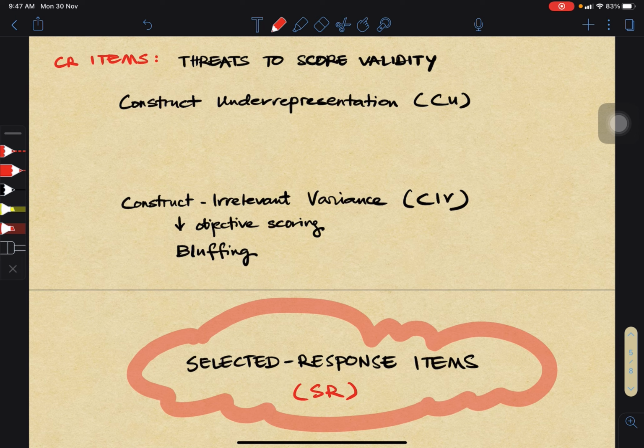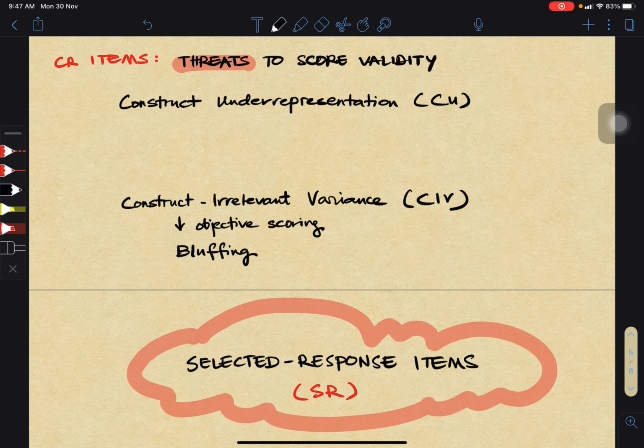We continue with CR items, the discussion on CR items, and in this section the discussion is on the threats to score validity.